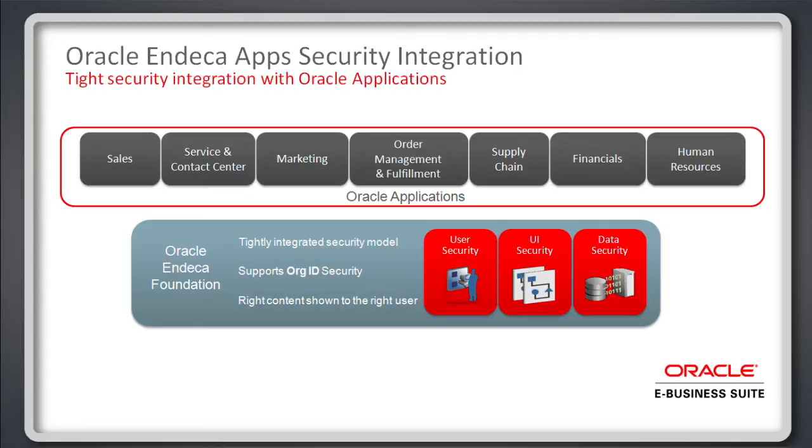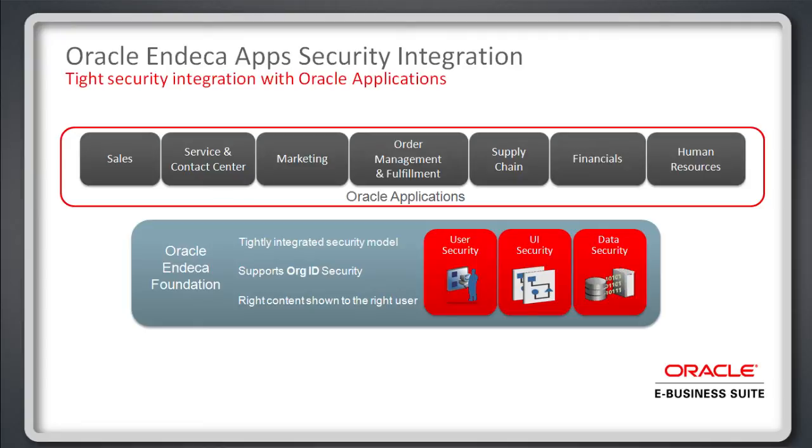For each product module created for the extension, they implement data security that matches 100% whatever you have on the EBS side. For example, here you see we have org ID for the data security, and that org ID is implemented on the Endeca side. We also have user security. When you first log in to EBS, behind the scenes we create the user on the Endeca tier, so no provisioning is needed, and the admin doesn't need to do extra work to set up the users.